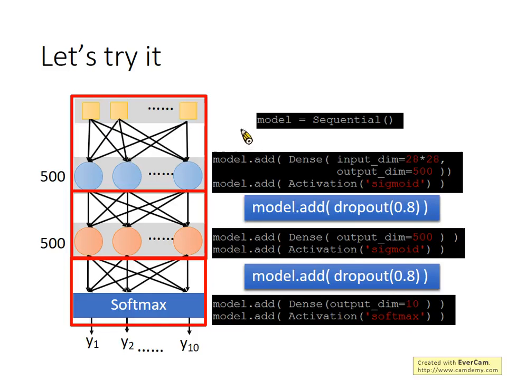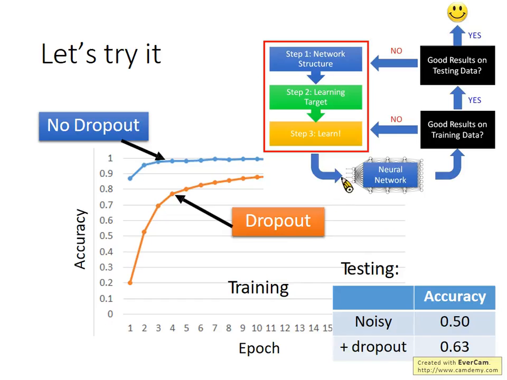If we use Keras, we can simply add a dropout layer such that we randomly drop out some neurons, like 80%, and we can easily do so. This sample result shows what happens as the number of epochs increases, with and without dropout.